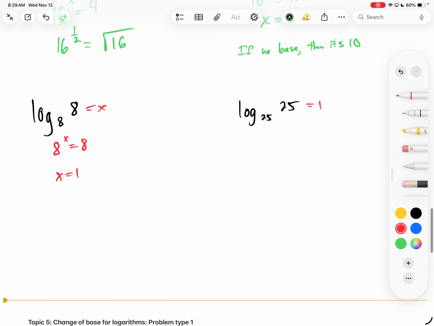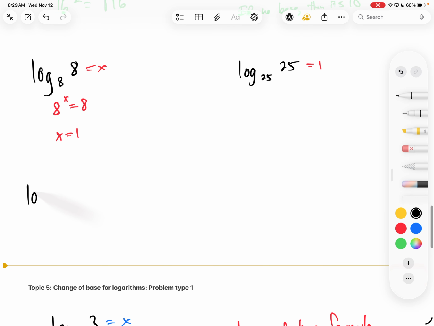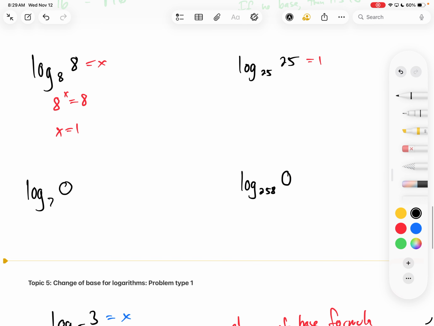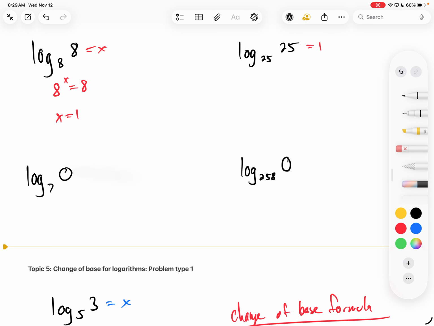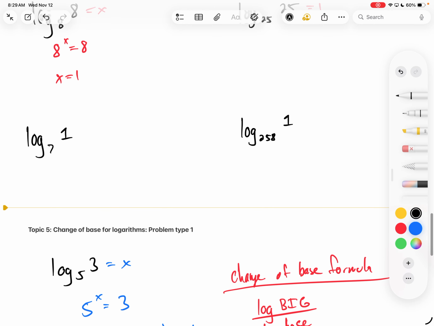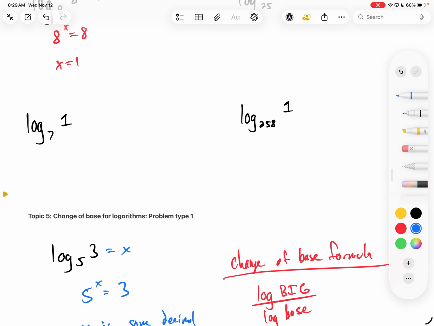Okay. The other kind of weird one that they do is log base 7 of 1. So 7 to what power gives me 1?